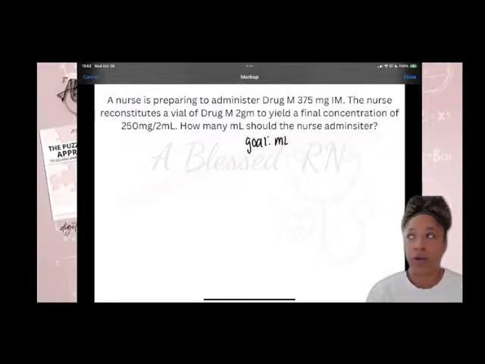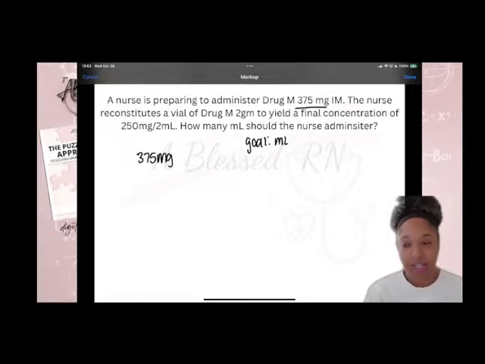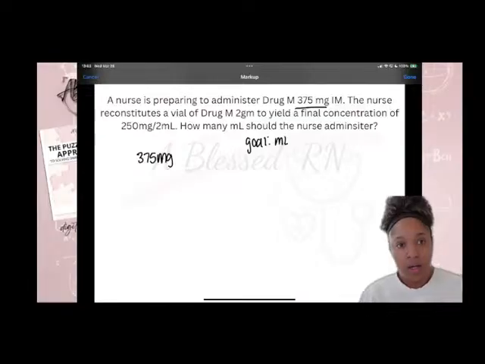All right, so what's ordered is our 375 milligrams. That's what the doctor wants us to give to the patient, right? What is your concentration of your medicine after it has been reconstituted?